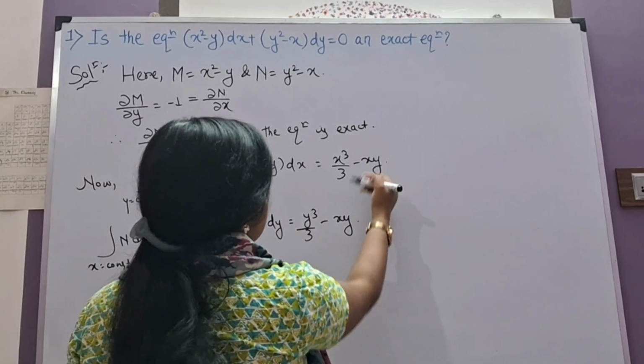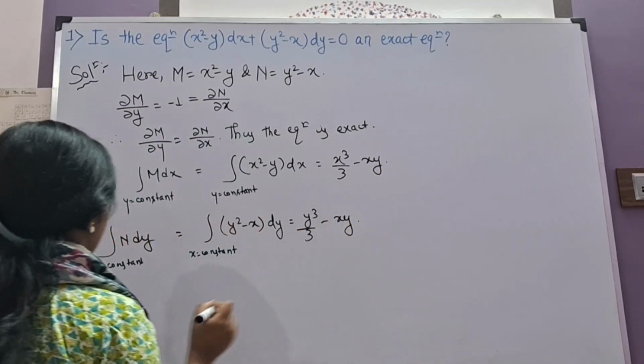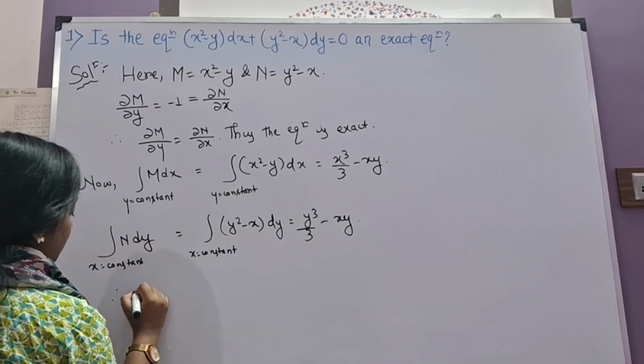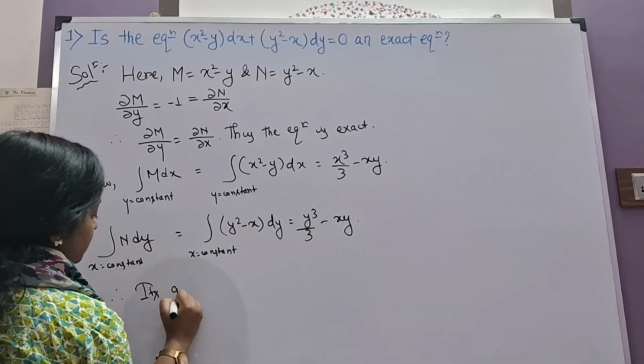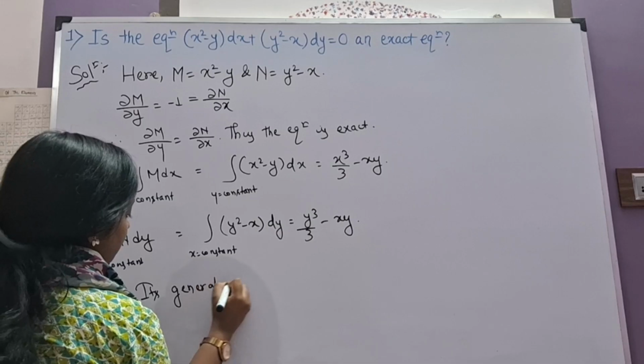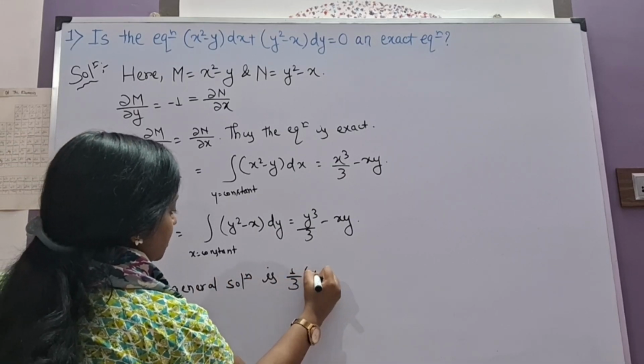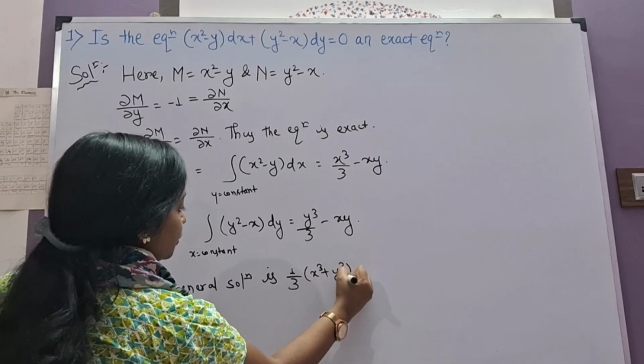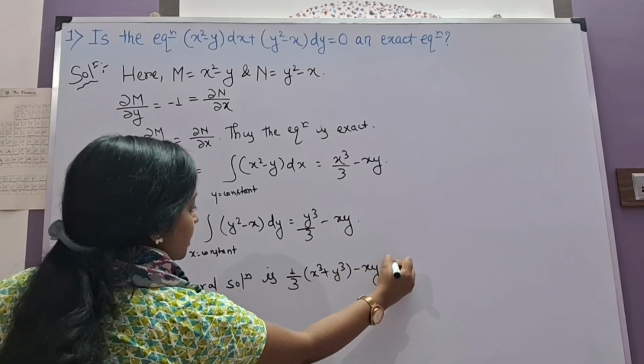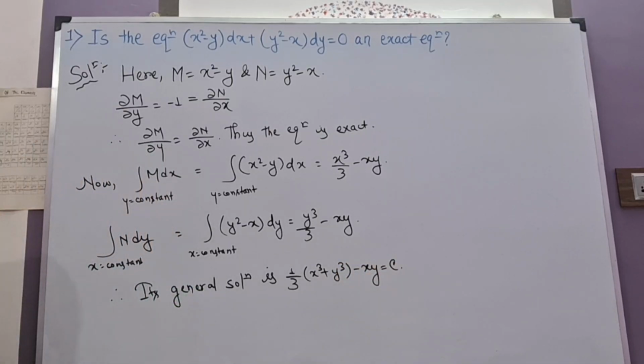Since the term xy is repeated, it will be counted once. Thus, its general solution is 1 by 3 of x cube plus y cube, minus xy equal to c.